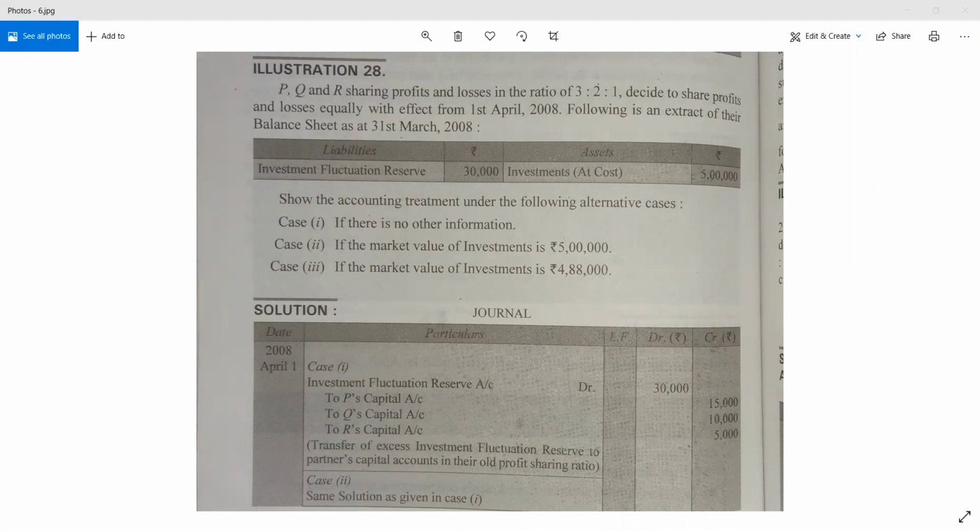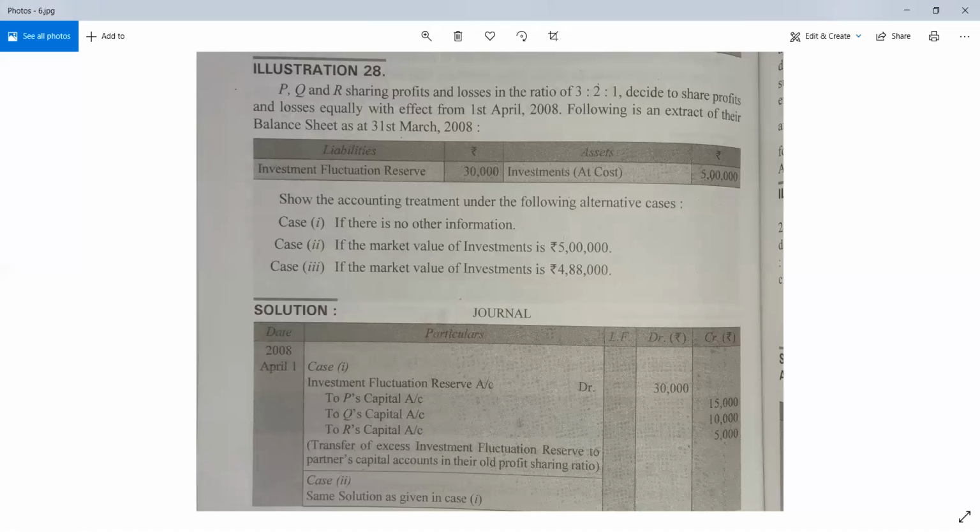Whenever we invest some amount of money in any company or business house, a very risky situation arises in the stock market. Every now and then there is a huge fluctuation in the stock market. The price of shares or debentures may increase or it may fall. Whatever investment you have done, its value can change.